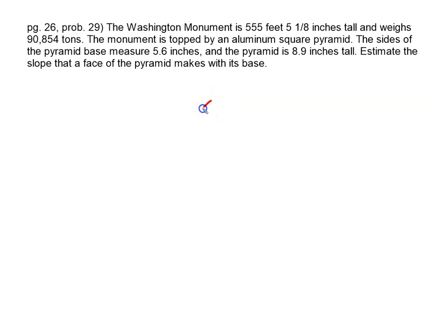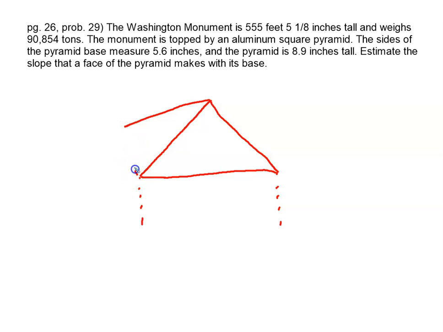A square pyramid, just picture a square pyramid sitting on top of the monument. The monument would keep going, but we don't really need all that. Just a little visual. I'm not a great artist, but enough to get a picture of what we're looking at.